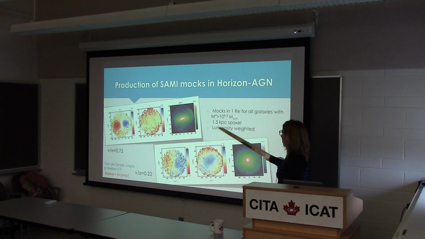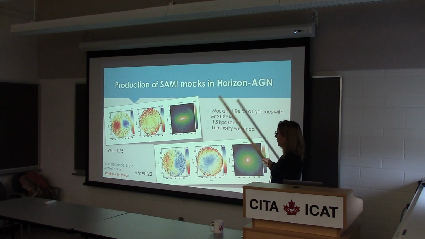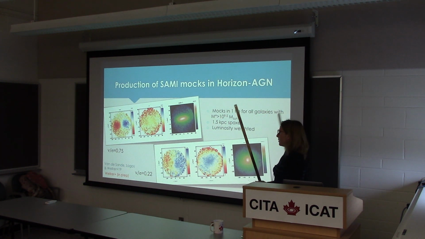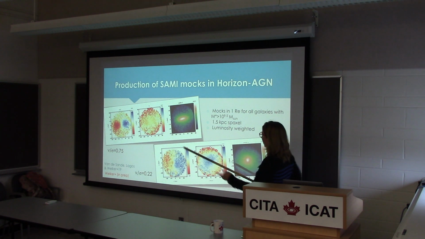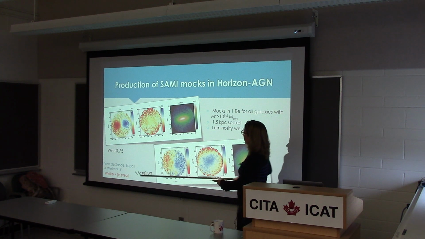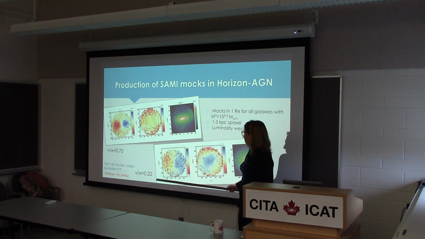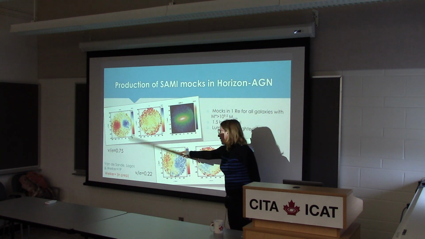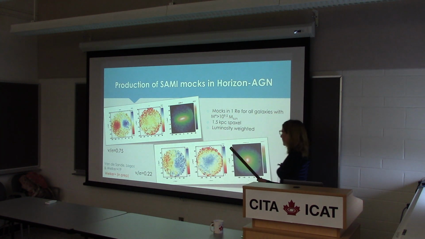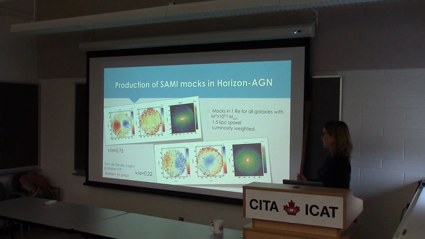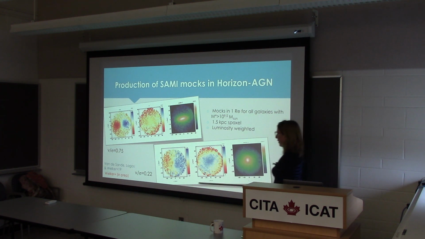So we chose a 1.5 kiloparsec spaxel, and it's luminosity weighted. It's designed to be the exact equivalent in a simulation to the SAMI data that we have. Here, for example, you have the line of sight velocity, dispersion, and surface density for a high V over sigma galaxy, and here for a slow rotator.